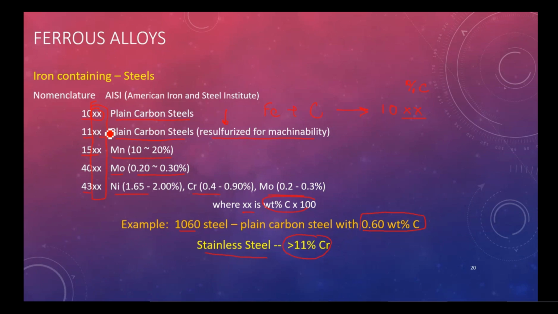Alright, machinability means that it becomes easier to machine it. Sulfur की presence में normally material brittle हो जाता है. Again, you have to treat it, resulfurize it, so that it becomes easier to machine. Anyways, you don't need to worry about it, but you need to understand 10 and 11 is a different series. Clear?